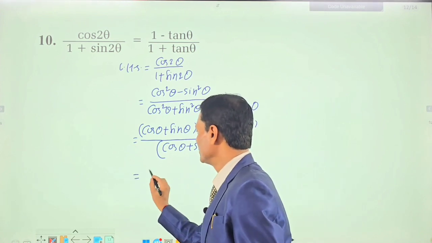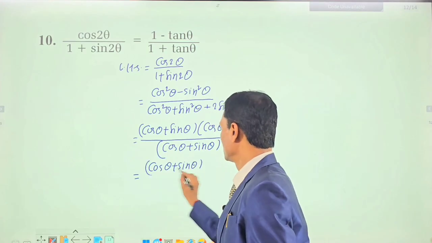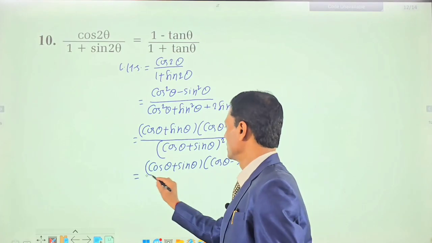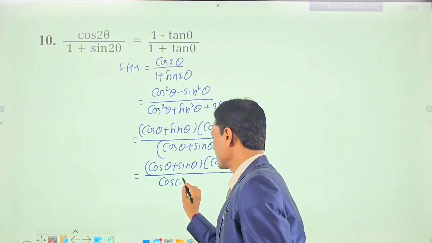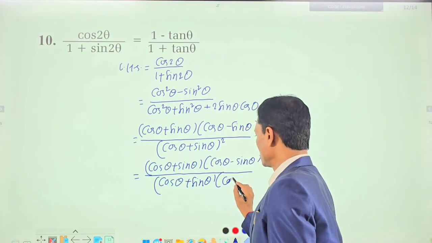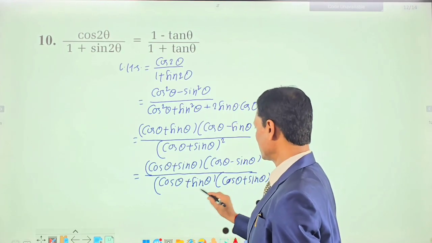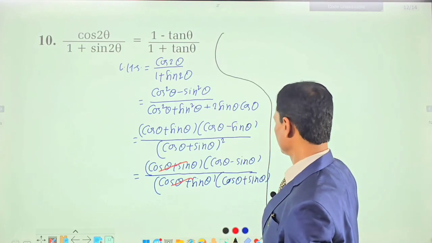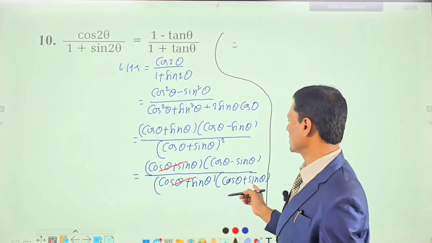After that we write here cos theta plus sin theta, and here cos theta minus sin theta, and over here cos theta plus sin theta whole square can be written as cos theta plus sin theta into cos theta plus sin theta, and we can cut one factor up and down, and the remaining we have here cos theta minus sin theta by cos theta plus sin theta.